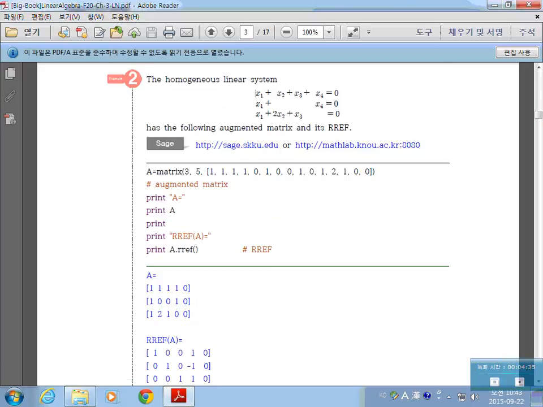Suppose we have a homogeneous linear system of equations like this.